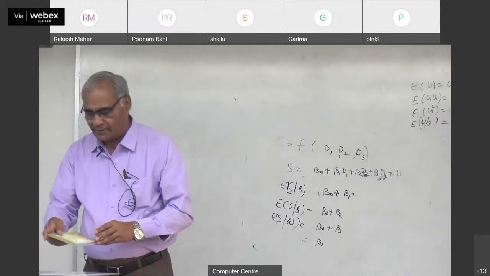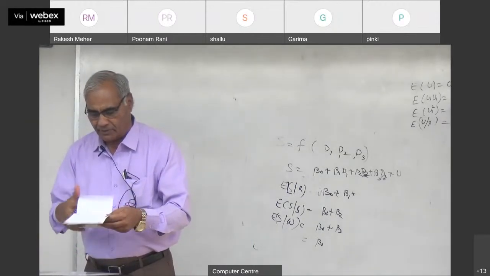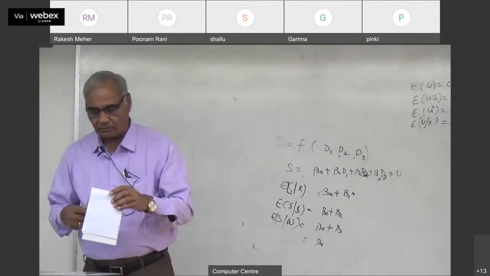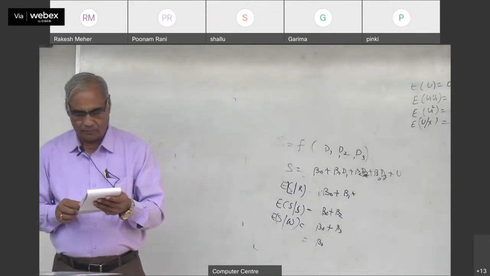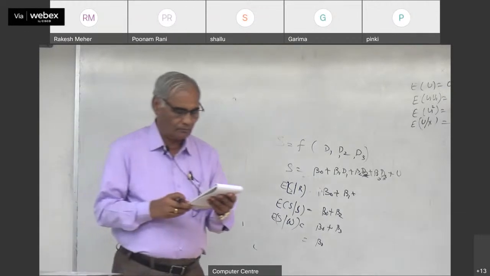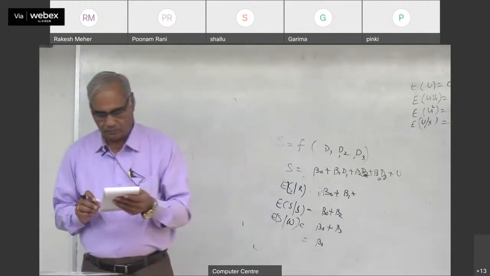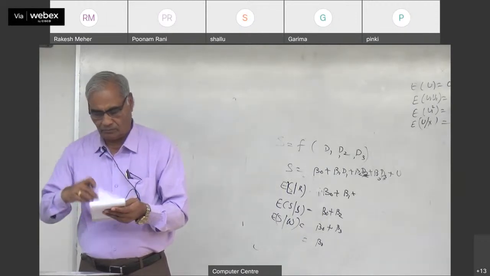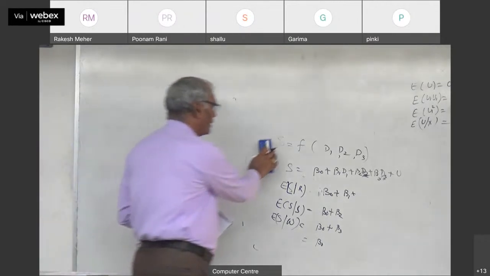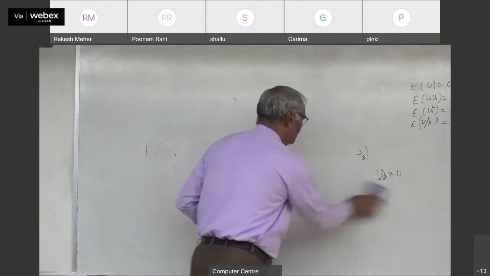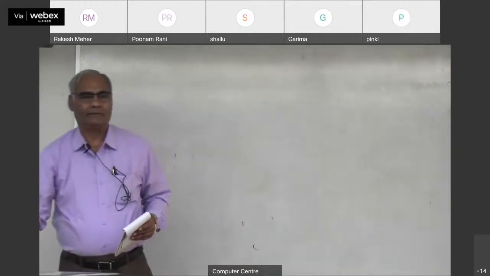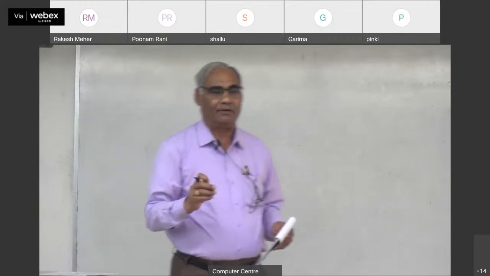I am giving you one very interesting example from the Damodar Gujarati book, an example of using a dummy variable on Indian data.